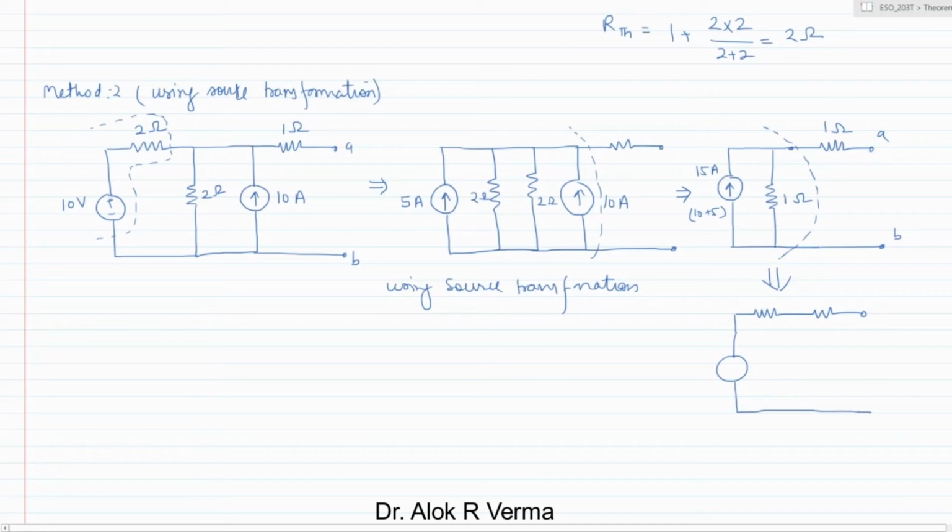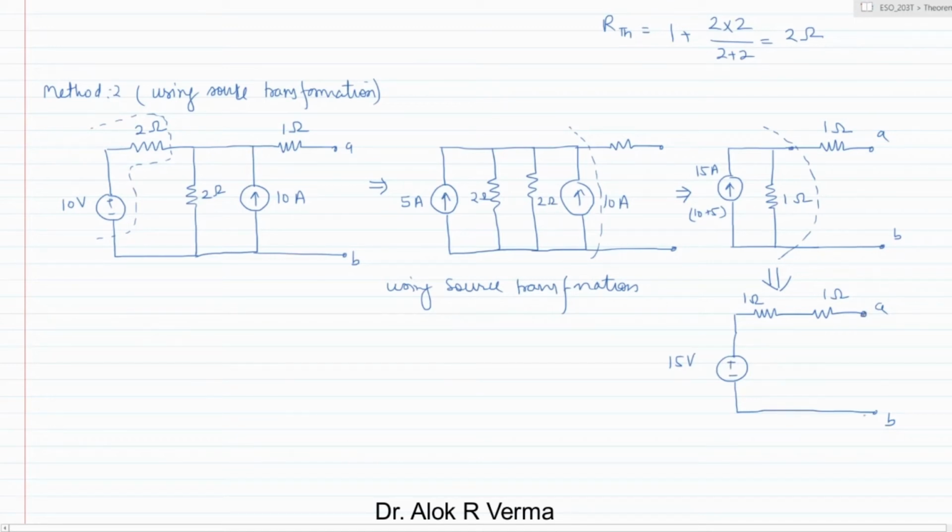This is A, this is B. Between terminals A and B, 1 ohm resistance is there. So after source transformation, this will be 1 ohm, and this is current into resistance. So 15 ampere into 1 is nothing but 15 volt, and the polarity is this.